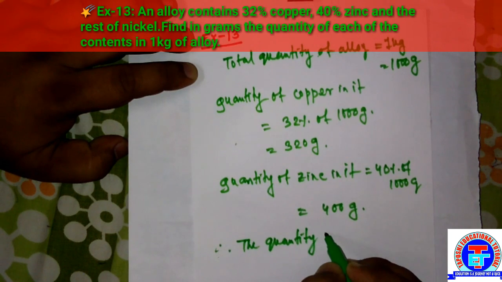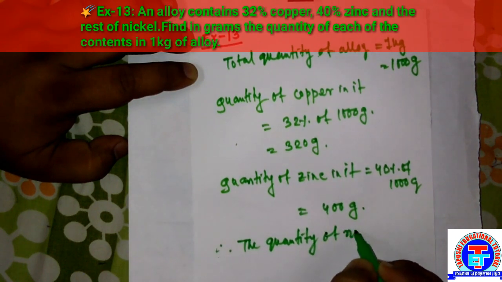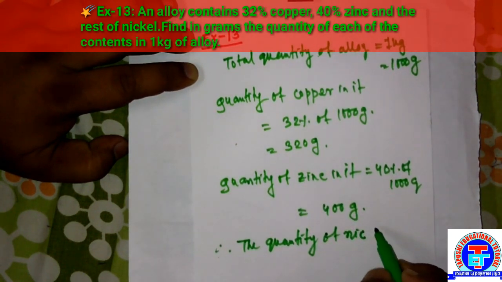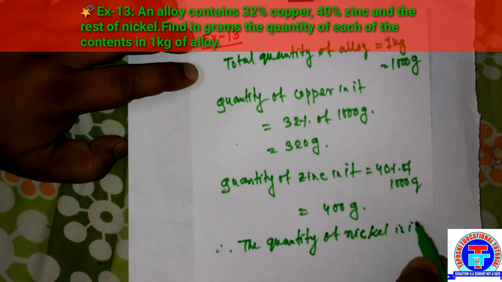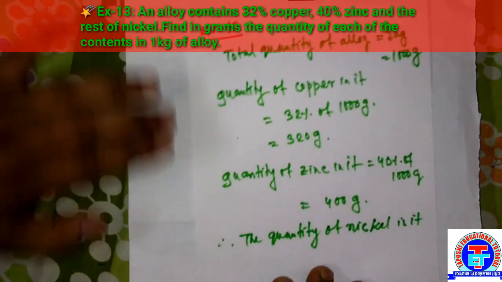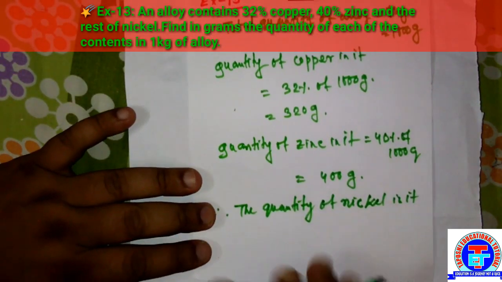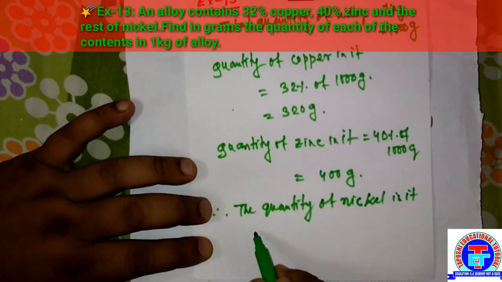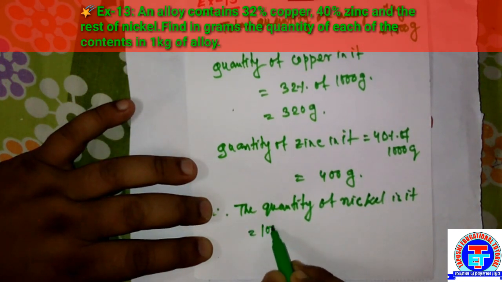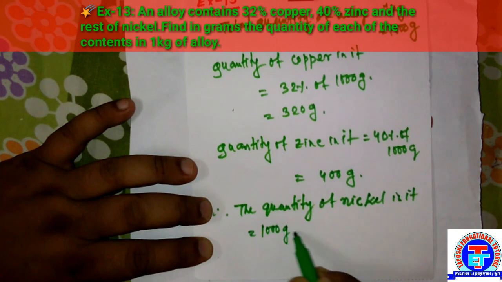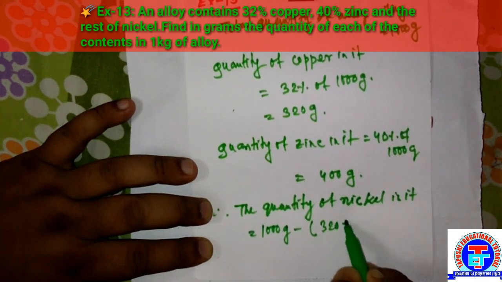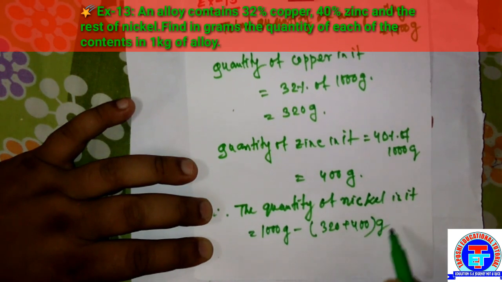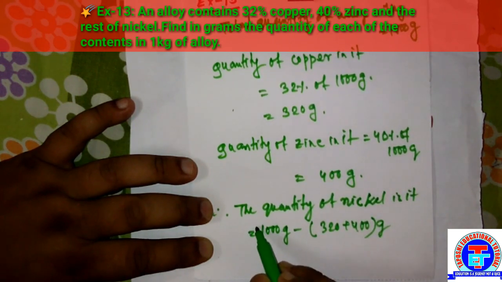The quantity of nickel in it, we can write, is equal to 1000 gram minus 320 plus 400 gram, right?